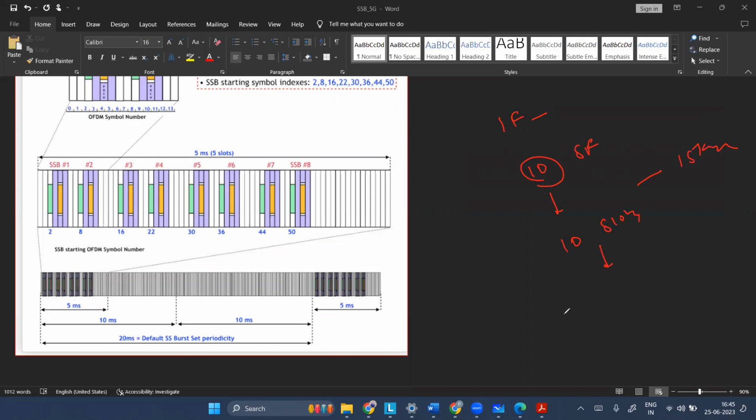And each slot has 14 symbols. So it means the total symbols are 140, right? I hope you won't have a doubt here. So where is this 15 going? It comes pretty much within your 5 milliseconds. 5 milliseconds means 5 slots, so till 70 we are having this, right? Okay, so let's go forward.